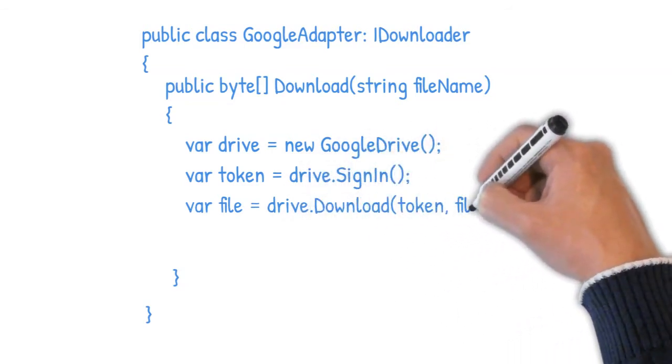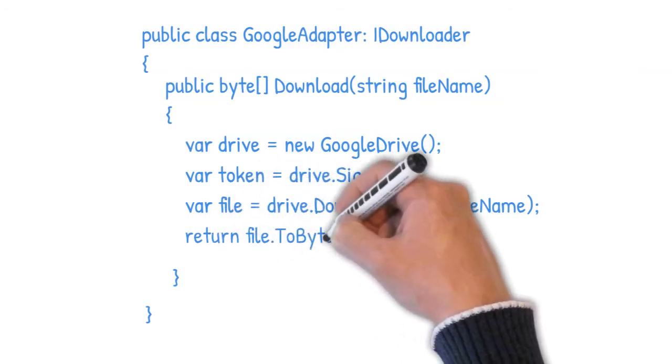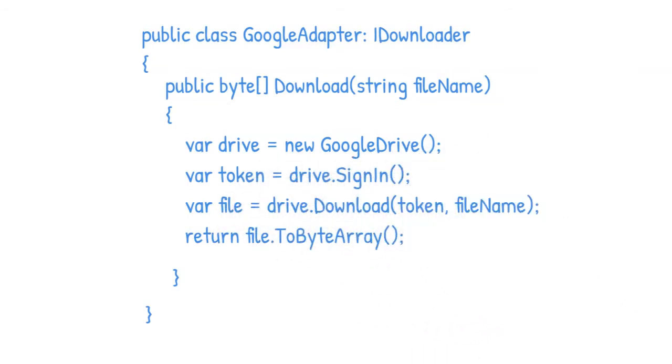It will ensure that the authentication token has been generated and the download method is being called using the same authentication token. And at the end, the file received from the Google Drive, the GoogleAdapter will convert it to the byte array and then respond back to the consumer class, that is DownloaderApp.